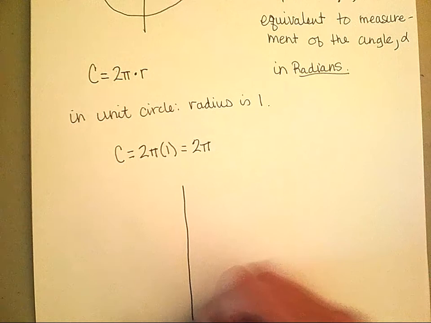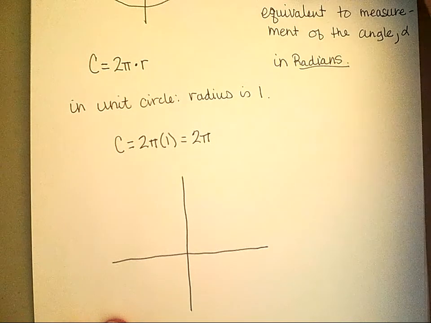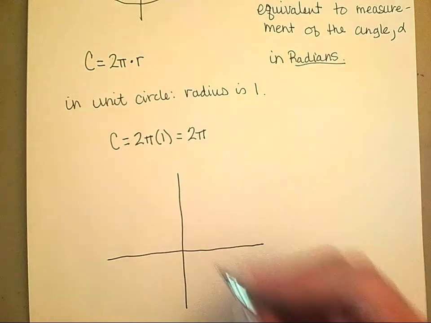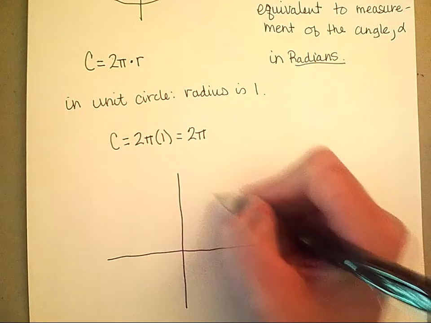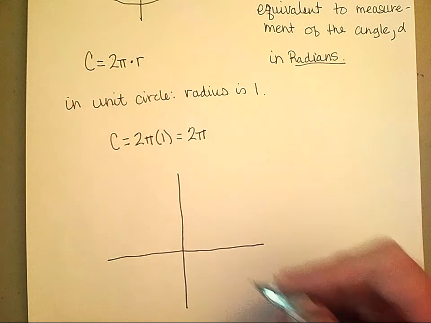And that's going to help us describe our measurement in radians. Okay. So, if we were to put the circle on here, we would see 1 full revolution is 2 pi.